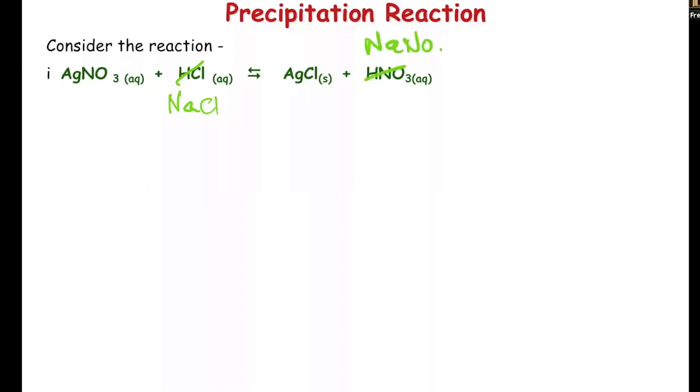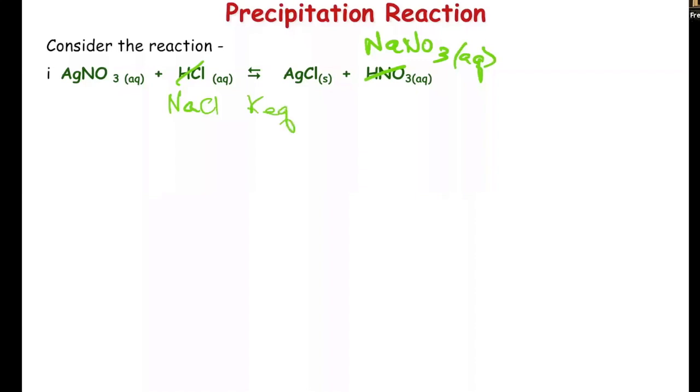And even though this is the product as written in the reaction, the fact is the AQ tells you that they are separated, that they are still dissolved in water. The only thing that you guys are going to be collecting is that silver chloride precipitate. And so if you want to know about the equilibrium of this, then we say it has an equilibrium, and you can certainly write the mass action expression.